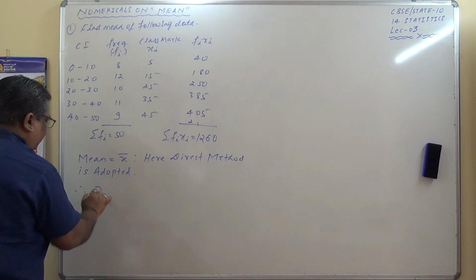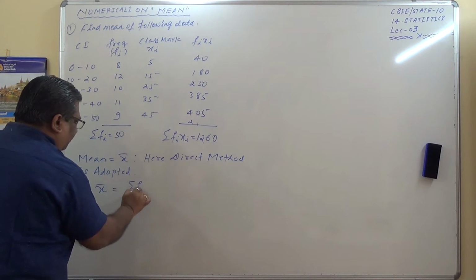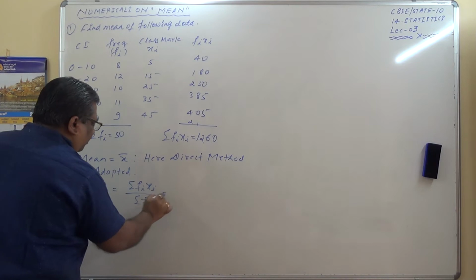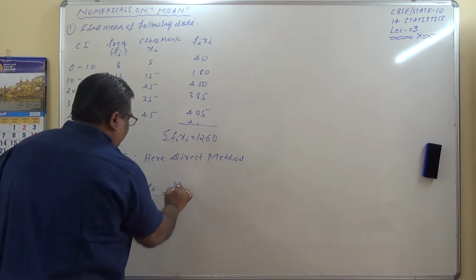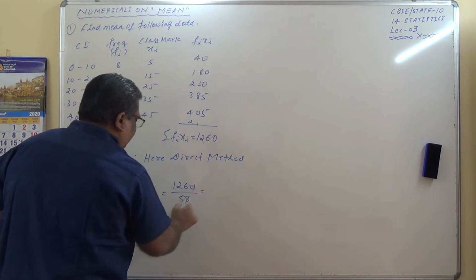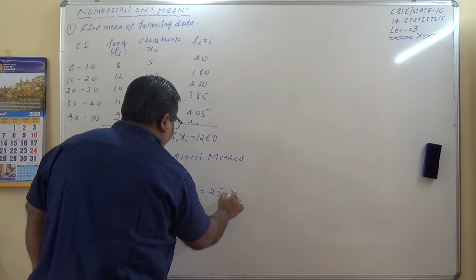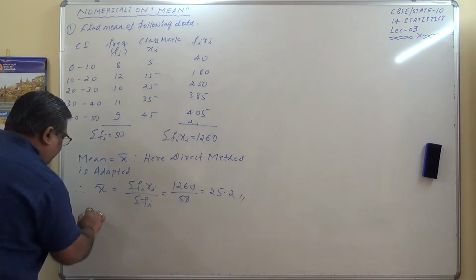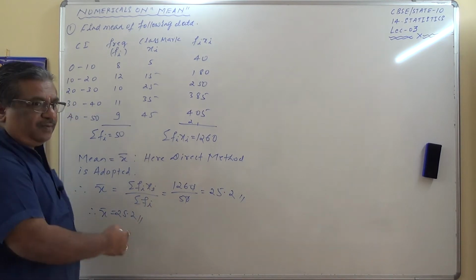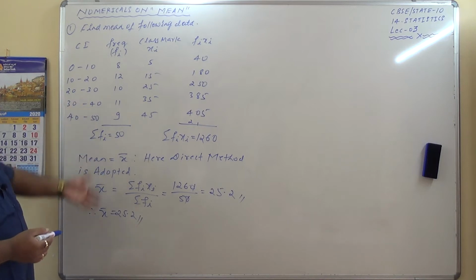Therefore mean x bar is equal to sigma fi xi divided by sigma fi, which is 1260 divided by 50. 5 2s are 10, 5 5s are 25, and therefore we get x bar equal to 25.2. It is correct. So this is how we can calculate the mean for the following data.